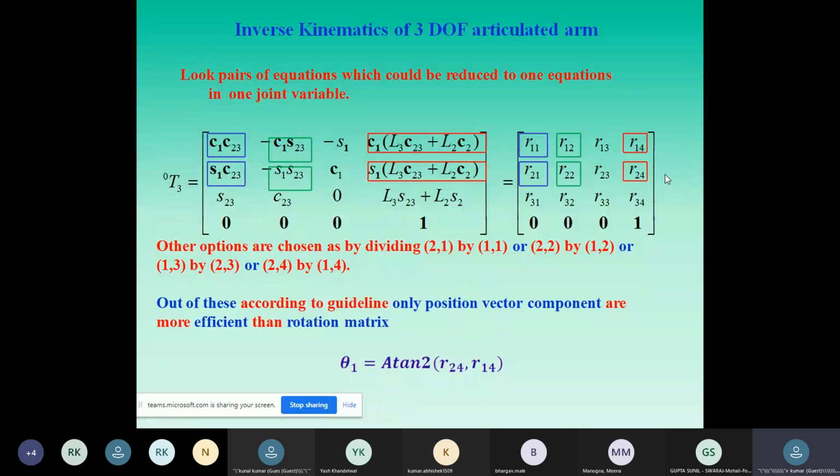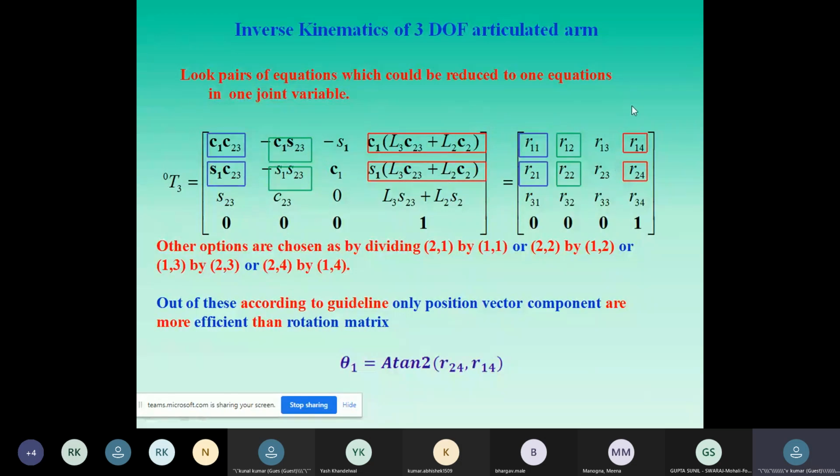Only the components that give the position vector, because x, y, z give a more accurate solution than the rotation parts. So we take this part: column 4, rows 1 and 2 on the left side, and column 4, rows 1 and 2 on the right side.